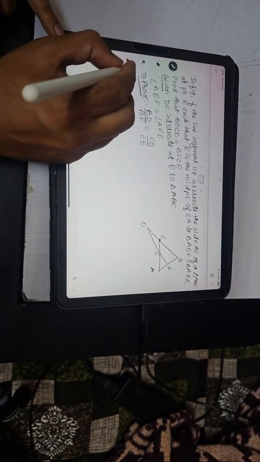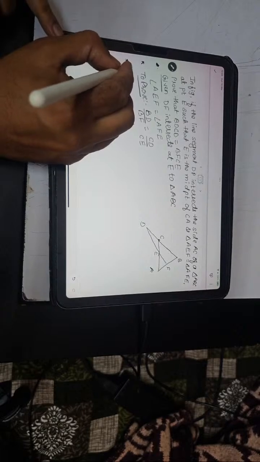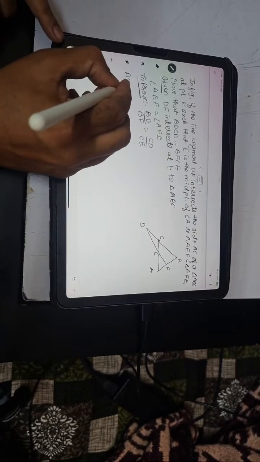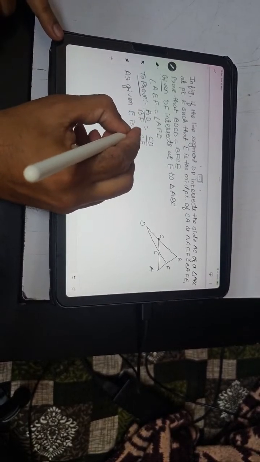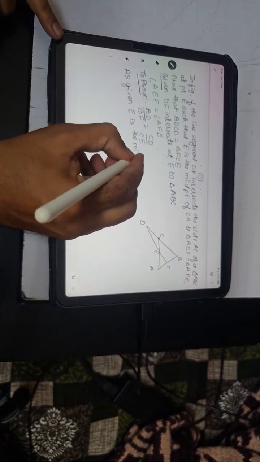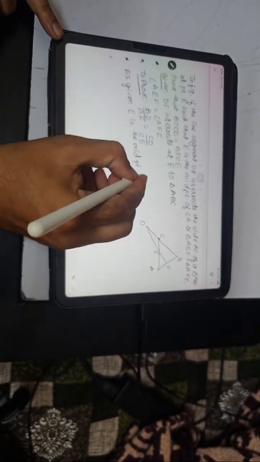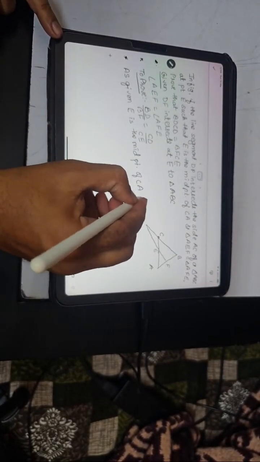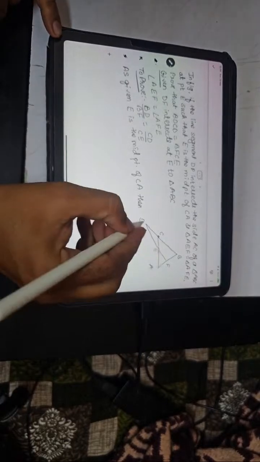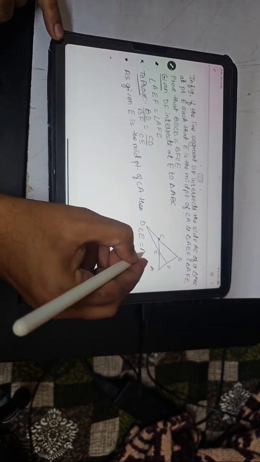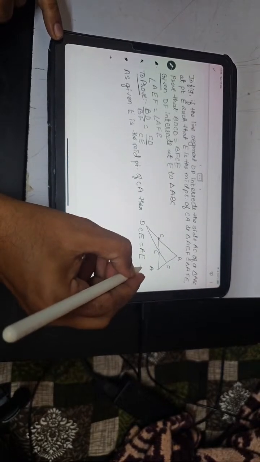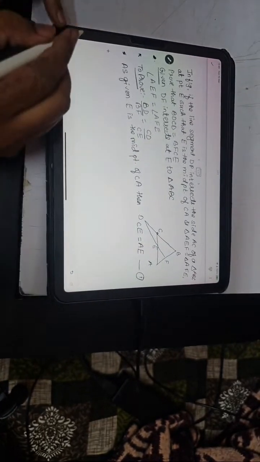See, now if I start the proof as given, E is the midpoint of CA, then CE equal to AE. So this is first equation.